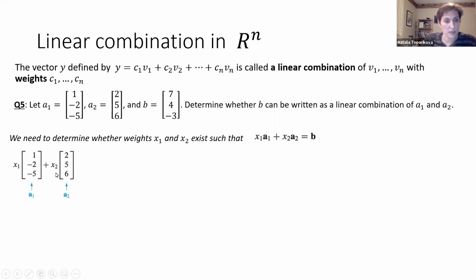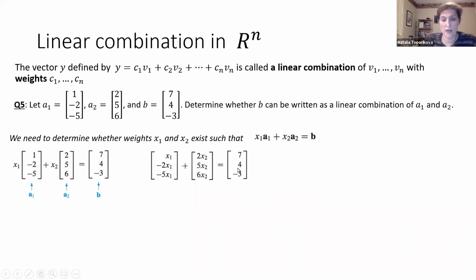We take x2 multiplied by vector a2, and it should be equal to the vector b. Okay, that's great. Let's conduct the basic vector operations and see what happens. We distribute x1, we distribute x2. Although they are variables, they still can be treated as numbers for the matrix operation. And b remains the same.